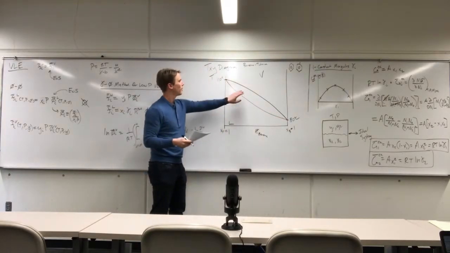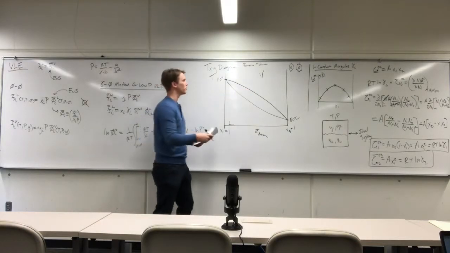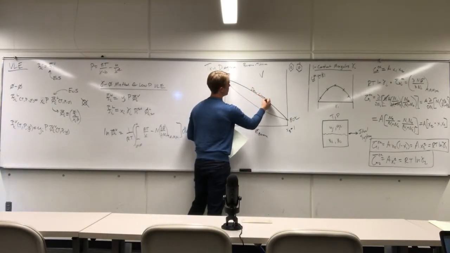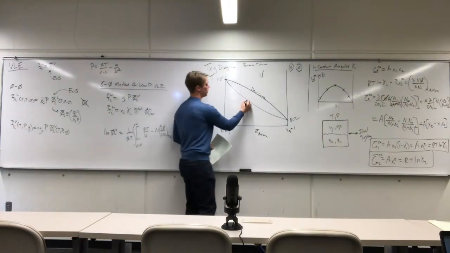About that shape. What do we call this line here? This is the dew curve. And this line here is the bubble curve.